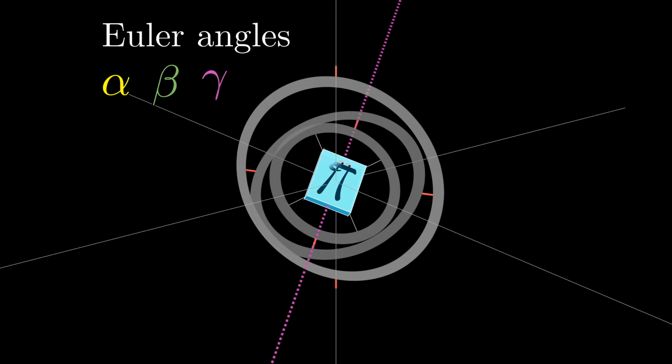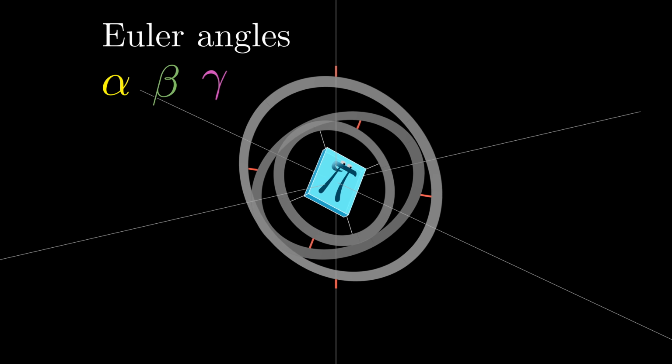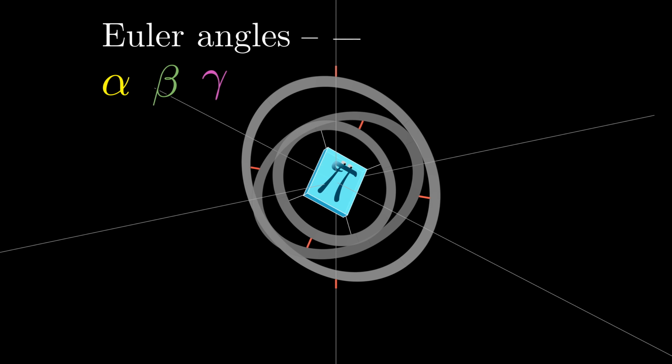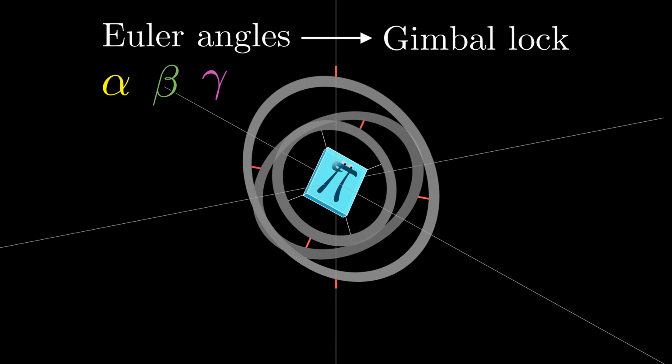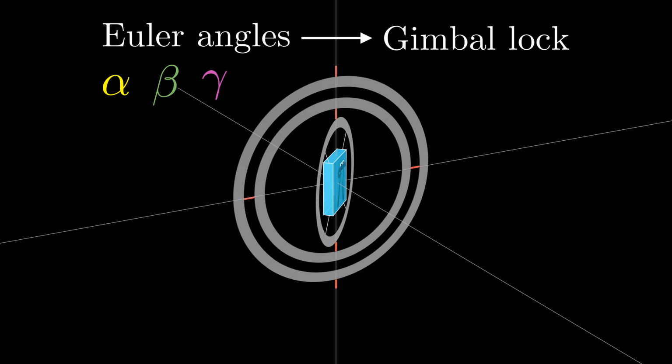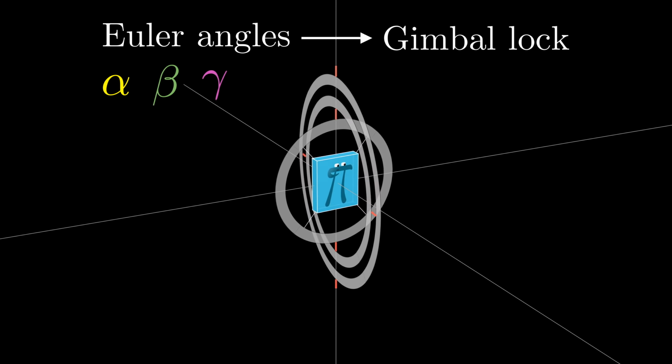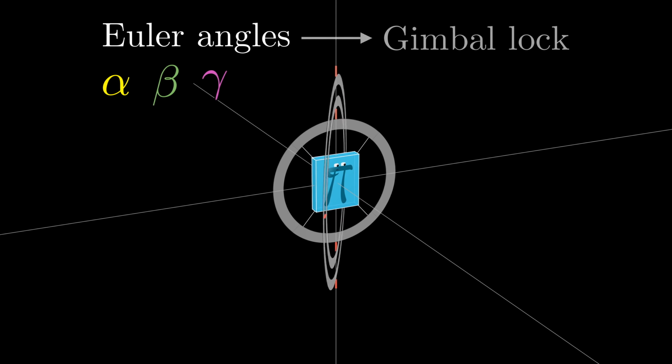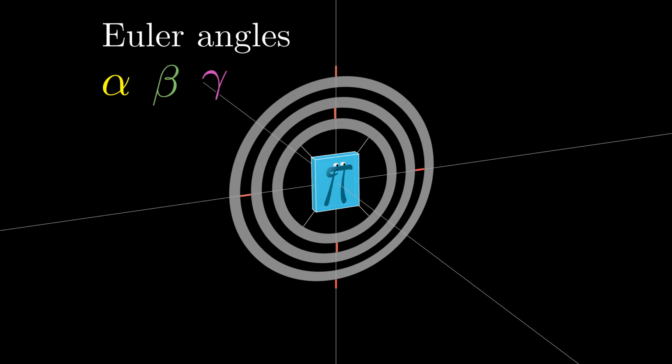And this mostly works, but one big problem is that it's vulnerable to something called gimbal lock, where when two of your axes of rotation get lined up, you lose a degree of freedom. And it can also cause difficulties and ambiguities when trying to interpolate between two separate orientations.